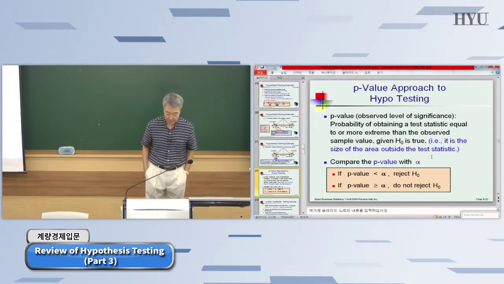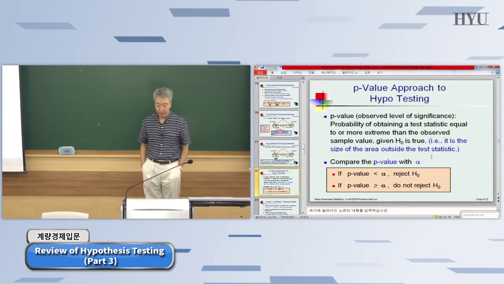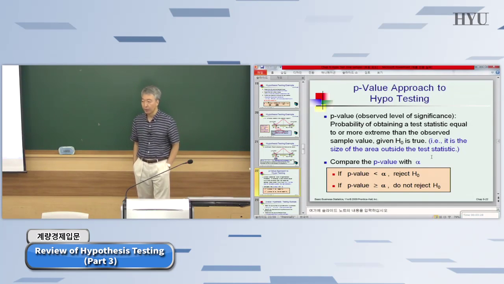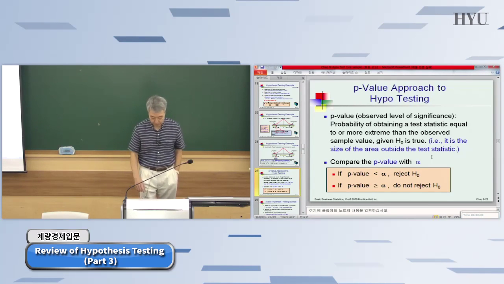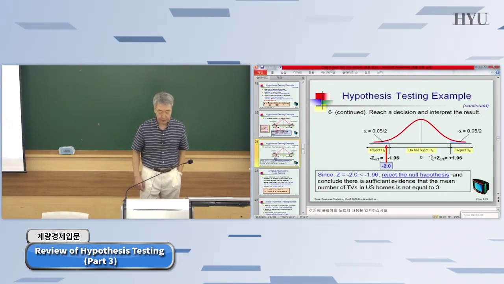Today, I'm going to introduce you to another, slightly different way to make a conclusion in hypothesis testing. It's called the p-value approach. The previous approach is called the critical value approach because we use the critical values to separate the rejection region and non-rejection region, and we made the decision that way.